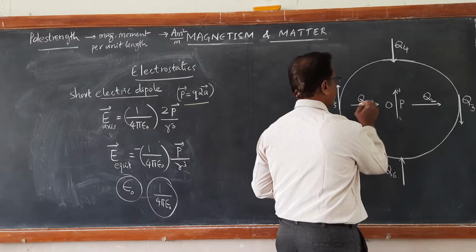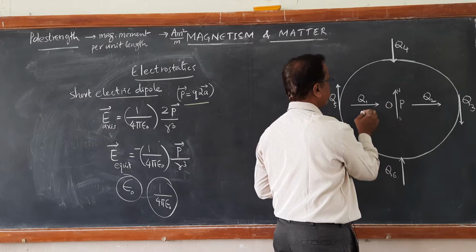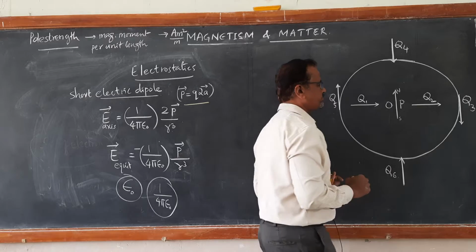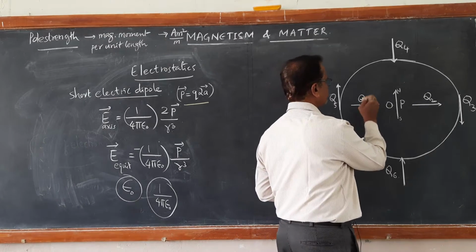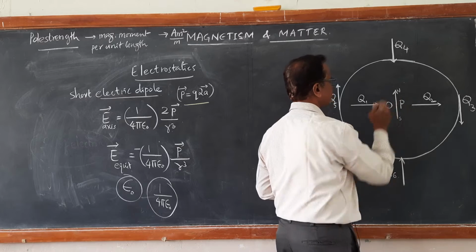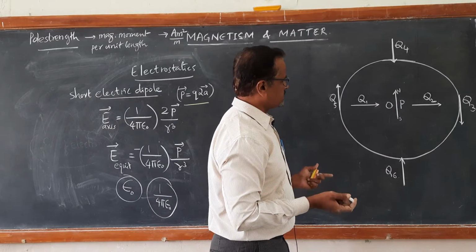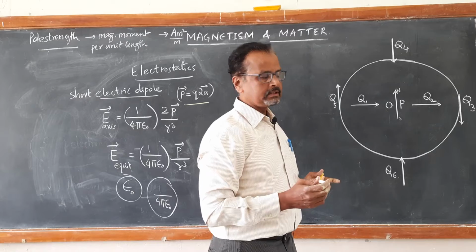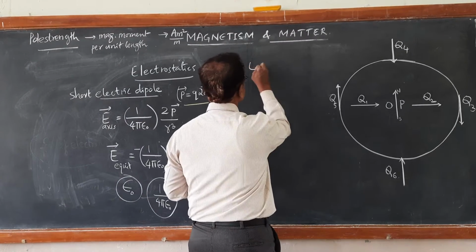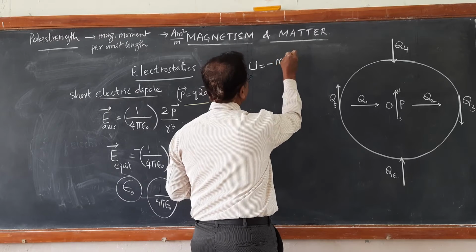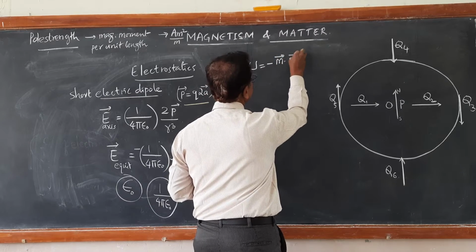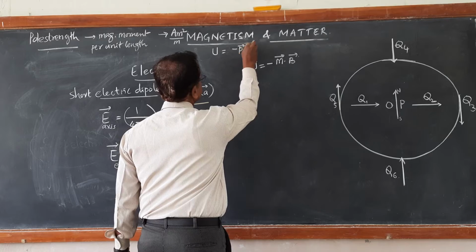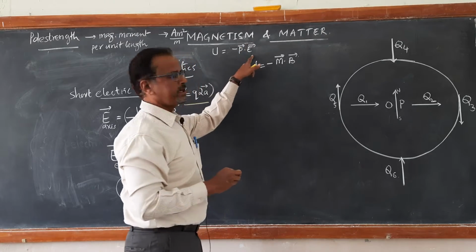Let us look at Q1 and Q2. Q1 is the position wherein the dipole moment of Q1 is in perpendicular direction with the dipole moment of P. So in this case, when the angle between the dipole moment and the magnetic field due to this are perpendicular to each other, then potential energy U is equal to minus m dot B. It is just like what we have learnt in electrostatics, minus P dot E, where P is electric dipole moment and E is the electric field.